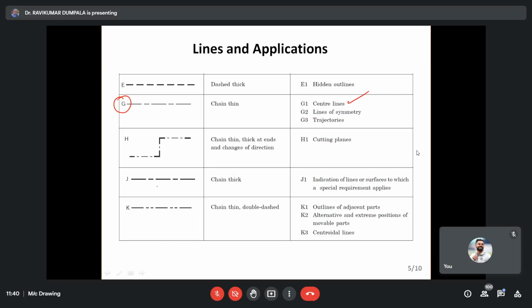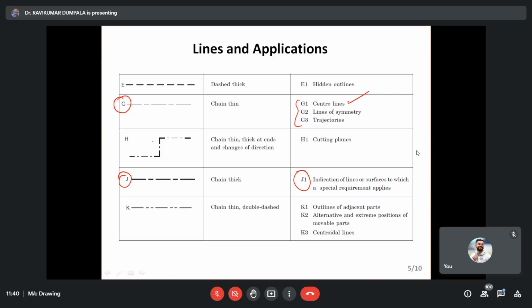You see the G and J. The only difference is the thickness, chain thin and chain thick. Observe the description carefully. Don't just use the lines like that. You have to be extremely careful.